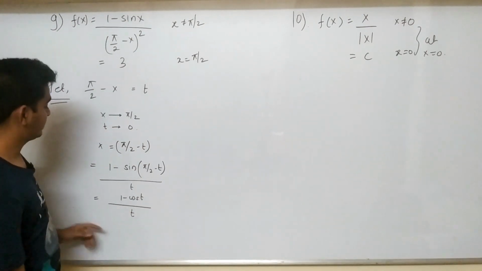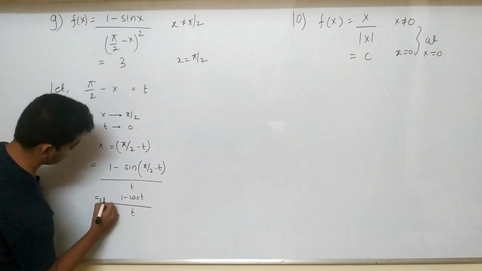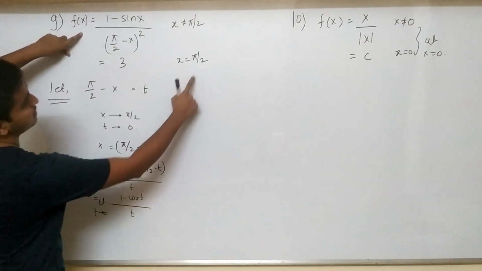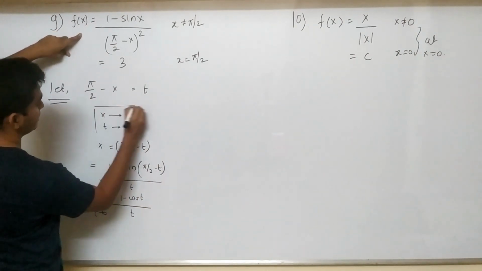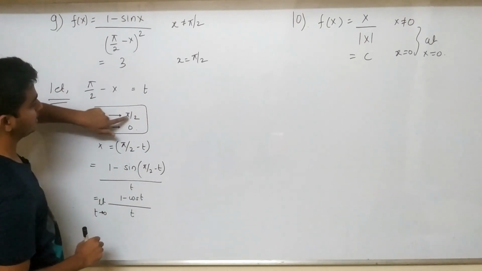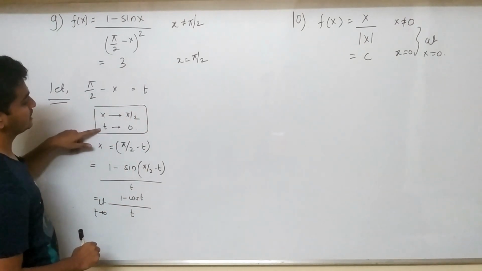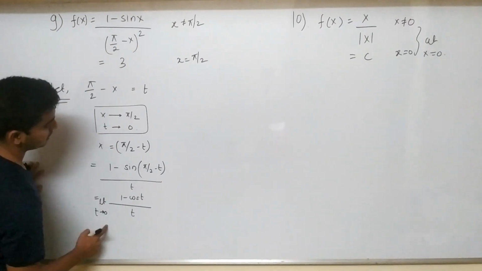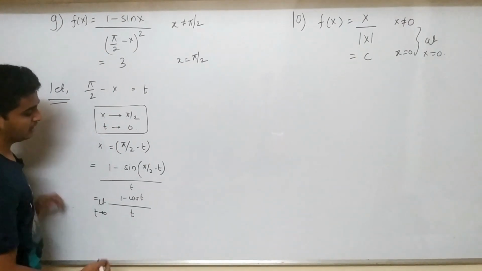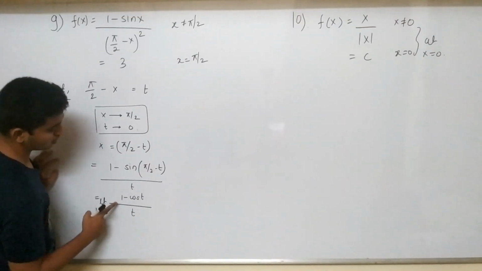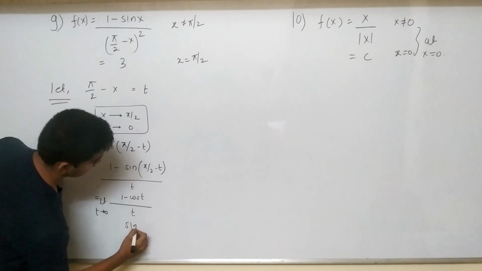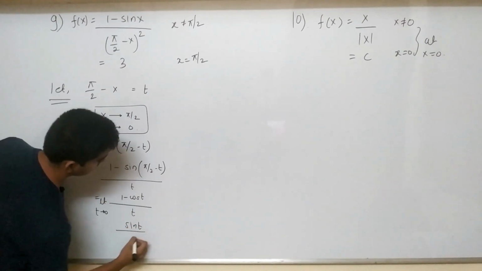And now you know that when this limit t is tending towards 0, since we have changed the limit over here, since when x is tending towards pi by 2, the limit will change from x tends to pi by 2 to t tends to 0. So t is tending towards 0, and you can immediately find out by using L'Hopital's rule. 1 minus cos of theta, when you differentiate it, will become sine of theta upon 1.